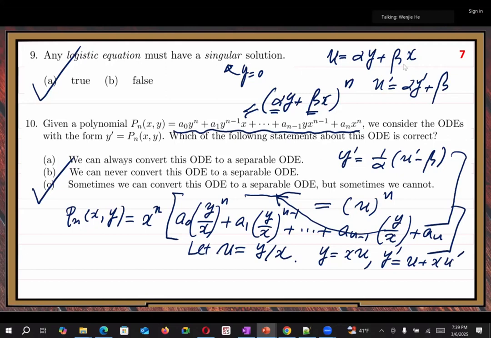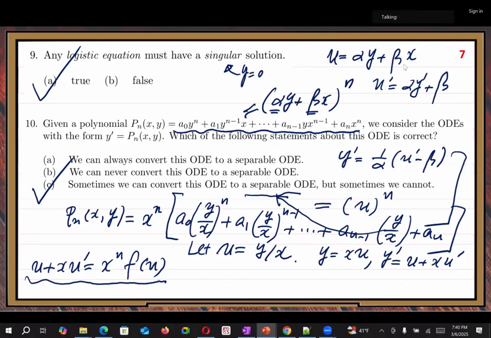So then you have u plus x u prime equals a polynomial in u of degree n. But this one is still not separable, right? Even if you write it in that way, it's still not separable.